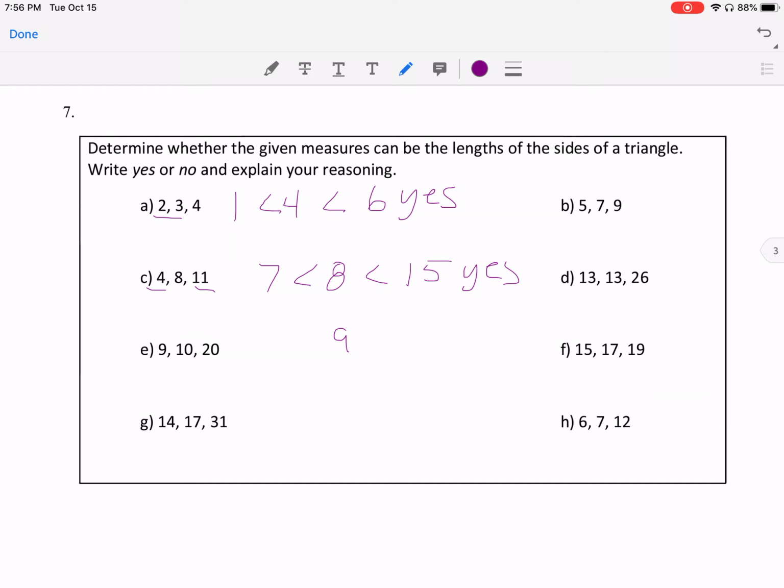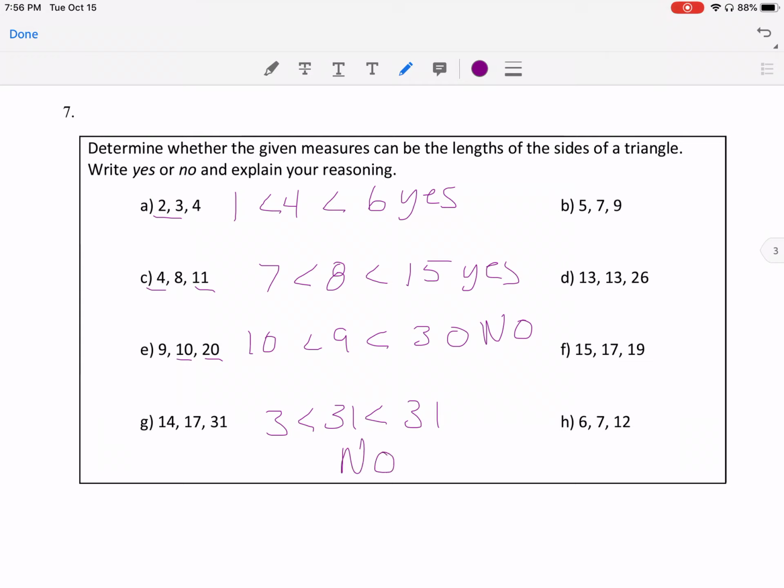In this case, maybe I'll pick the 9. Okay, 9 would have to be less than the sum, which is 30, and greater than the difference, which is 10. This is actually going to be a no, because 9 is not greater than 10. So I pick another one. Let's just do 31 in this case. 31 would have to be less than 31 and greater than 3.